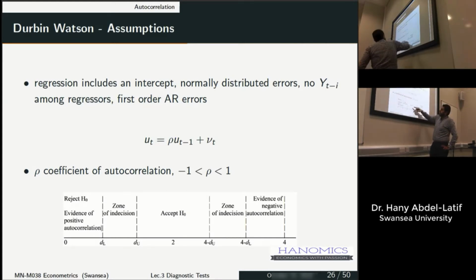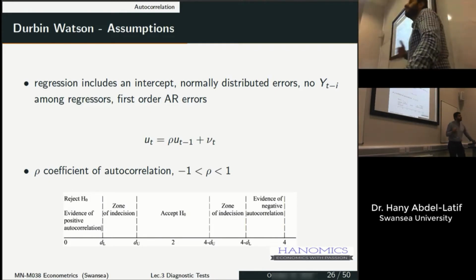If the value of the test statistic is close to 2, you accept that null hypothesis, meaning there's no problem. But if it's away from 2, more or less than 2, that's an indication that there's a serial correlation.